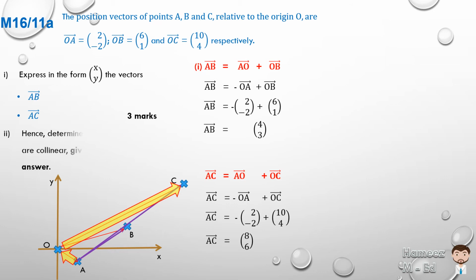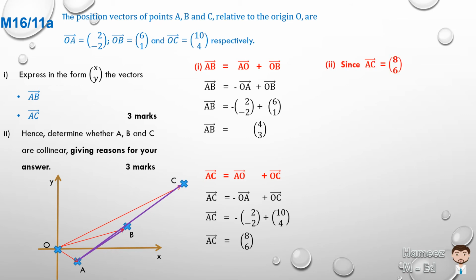So part 2. Hence, determine whether A, B, and C are collinear, giving reasons for your answer. Since AC is equal to (8, 6), we can factorize out 2 and get 2 times (4, 3). So AC is equal to 2 times (4, 3), which is AB. So we can say AC is equal to 2AB.